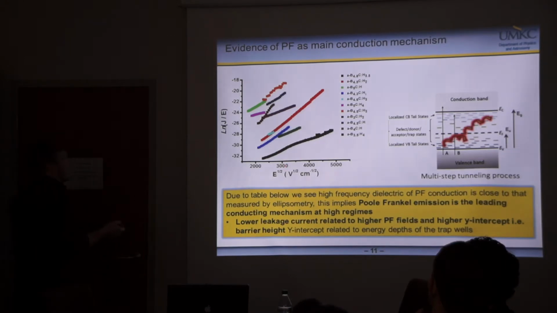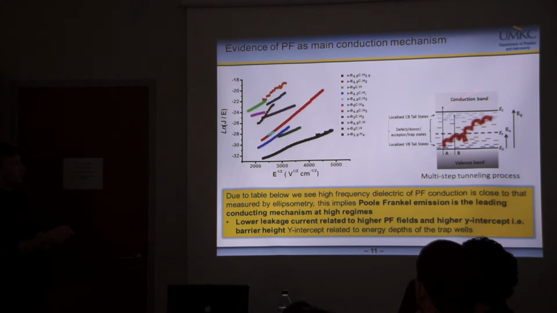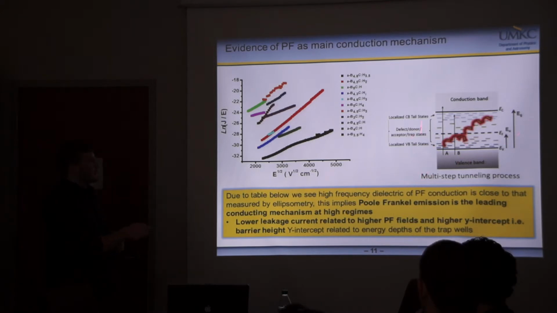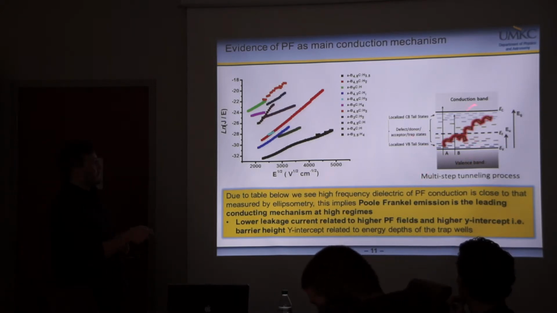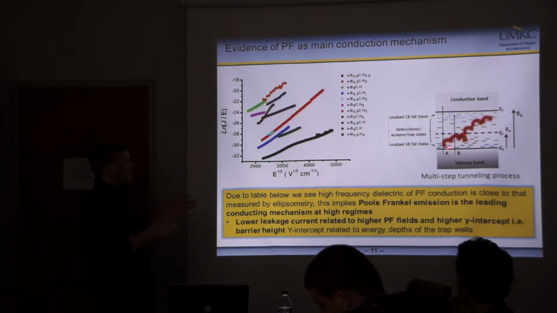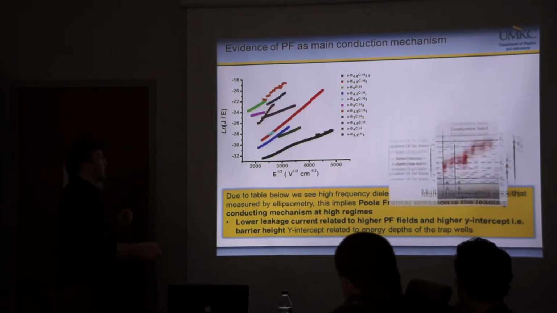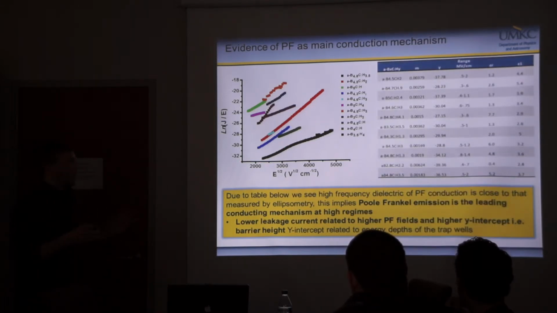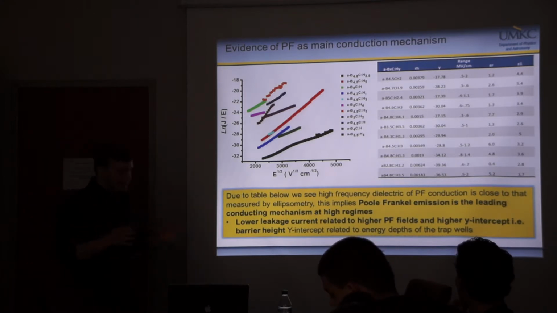And we also see evidence of Poole-Frankel, where if you look at a typical band structure and conduction band for an amorphous solid where you have a lot of defect states, this would be multi-step tunneling happening that would give this Poole-Frankel kind of conduction mechanism at these high fields.